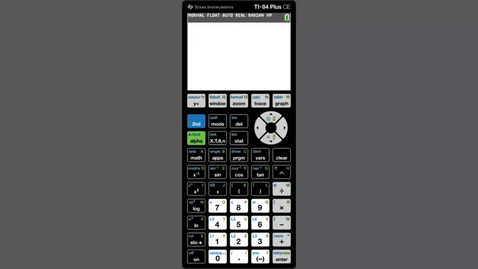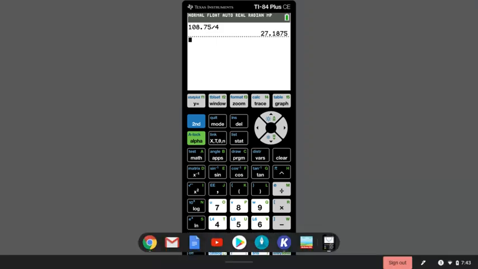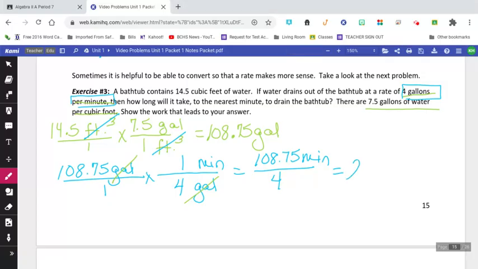Okay, so I'm going to use my calculator. 108.75 divided by 4 is 27.1875, and it said to the nearest minute. So that would be 27 minutes. I can spell.